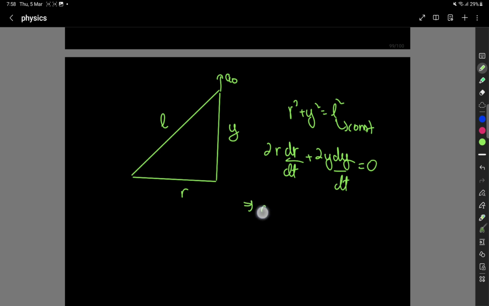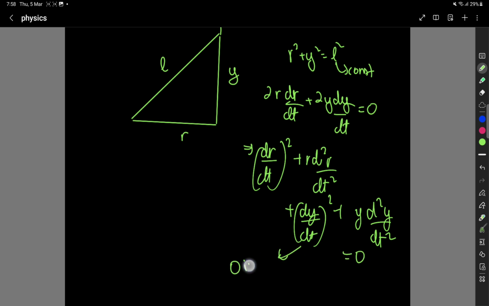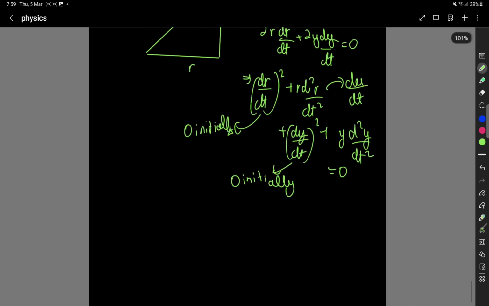This implies dr by dt whole square plus r d square r by dt square plus dy by dt whole square plus y d square y by dt square is 0. This is 0 initially, 0 initially. This is nothing but du by dt, and this is a naught.